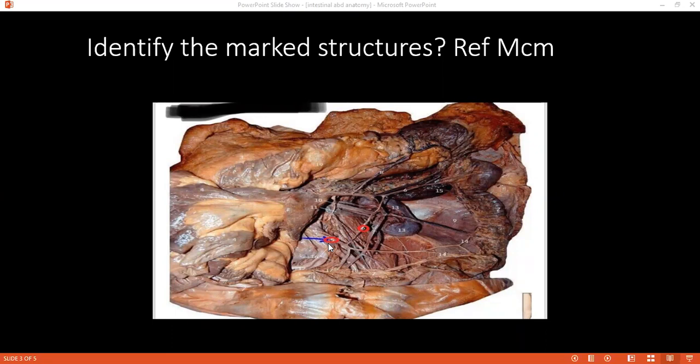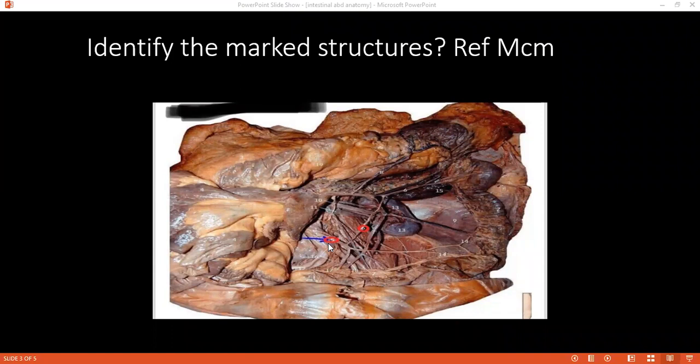Can you tell me what are the branches, or what is the area supplied by the inferior mesenteric artery?